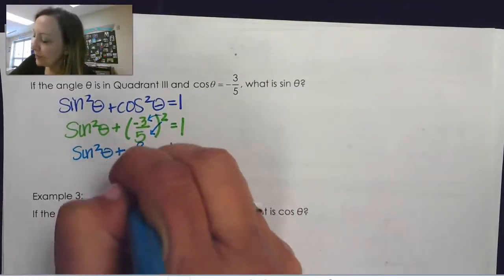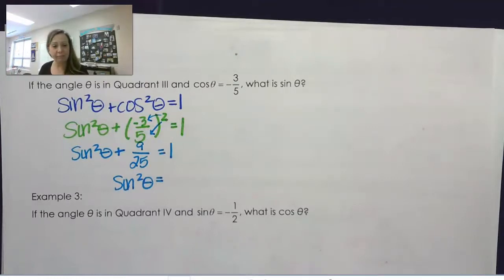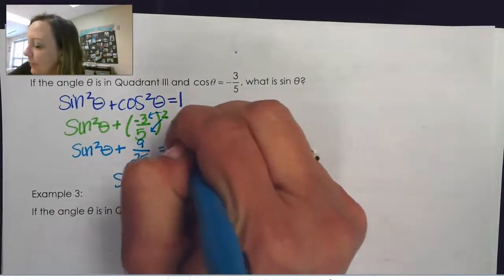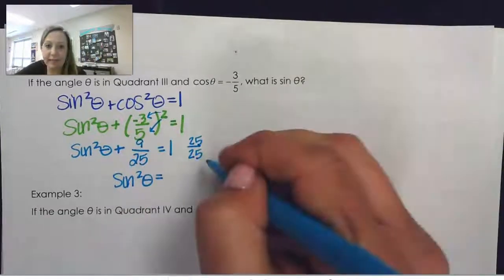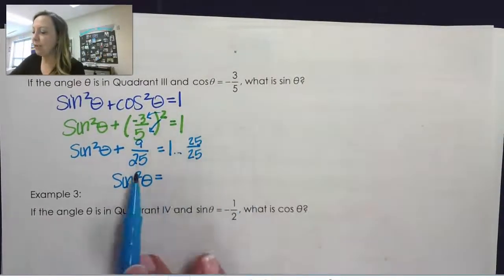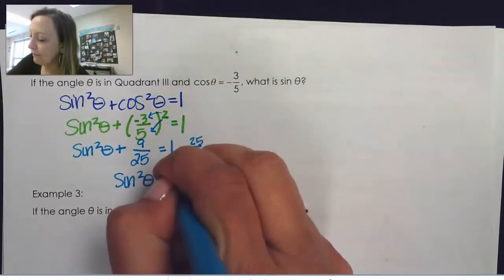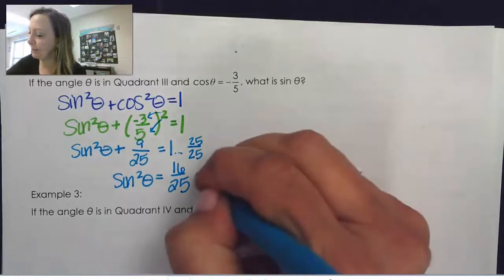So then we could subtract 9/25 from 1. And to do that, we probably need a common denominator. So we need this 1 to really be something over 25. Well, obviously, 1 is the same as 25/25. So if I were to subtract 9/25 from 25/25, I end up with 16/25.